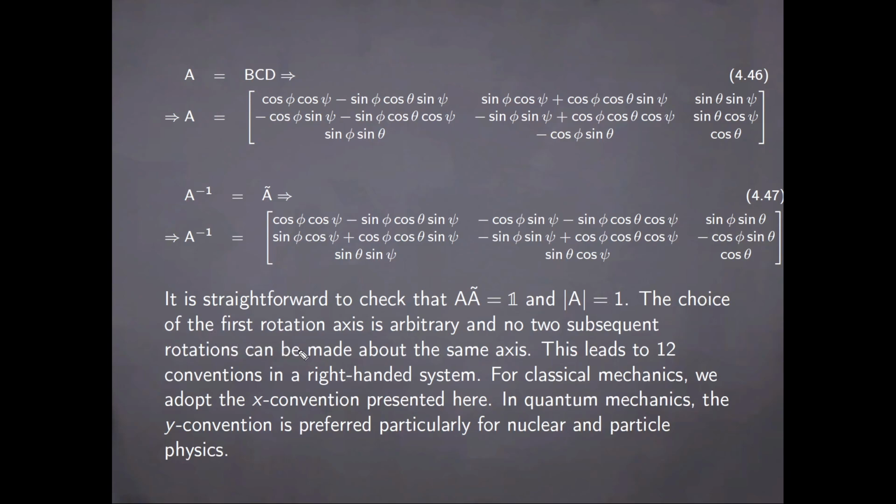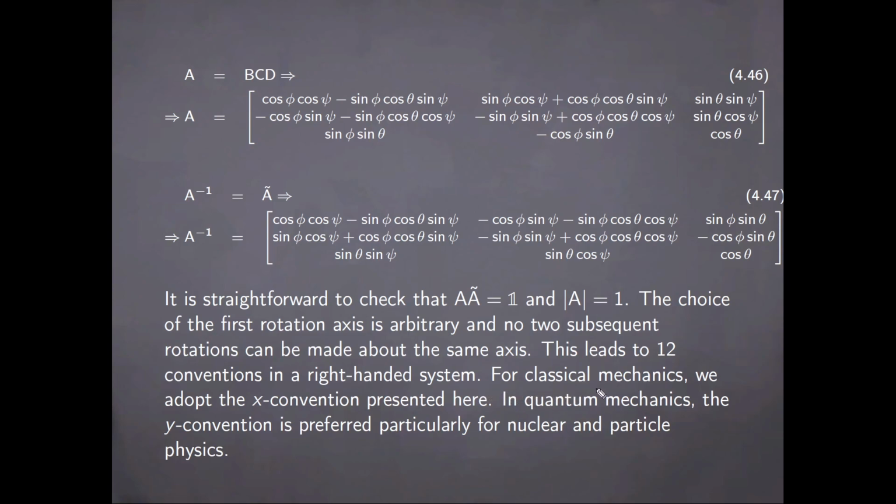The choice of the first rotation axis is arbitrary, and no two subsequent rotations can be made about the same axis. So these are essentially the rules by which we can establish a given set of Euler angles. And this leads to a total of 12 possible conventions in a right-handed system.